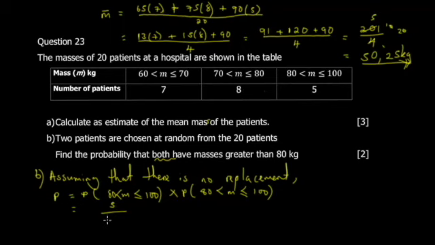which would be, for our case, 20, multiplied by, then if we had already chosen one patient, we're left with how many patients? 19. So now the total frequency would be 19. And then the number of people that we want in our weight class is what? It's 4 now, because we've already chosen one other person there.